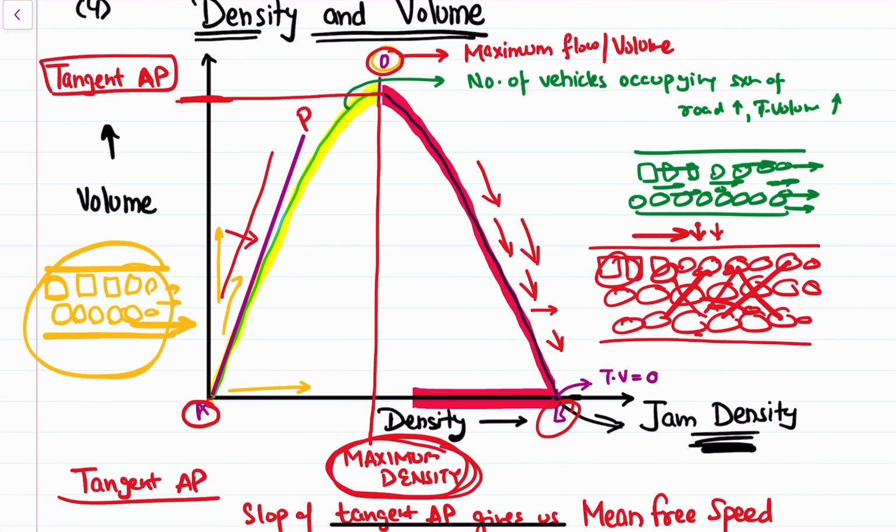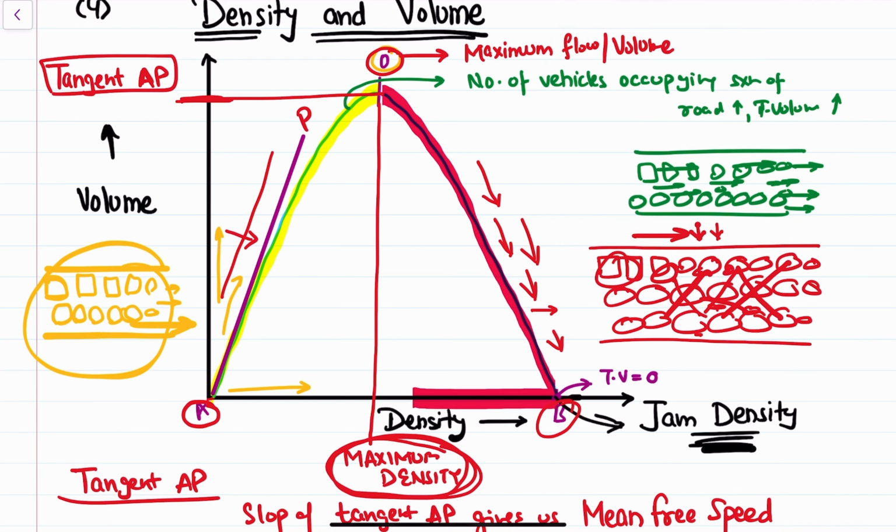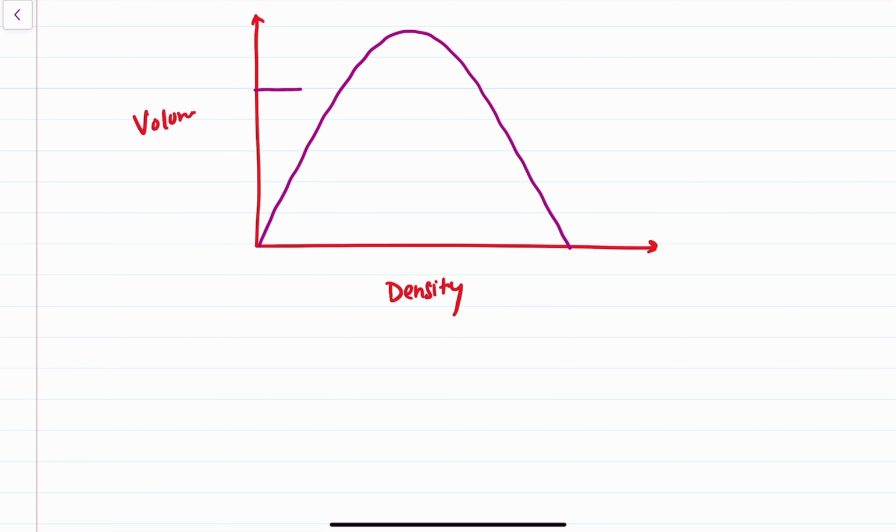So just like in the previous case, if you observe that at the same value of traffic volume, I'll just draw a new graph. This is density and this is traffic volume, right? If you observe here, at the same traffic volume, let's say it is 500 PCU, we have two different densities.